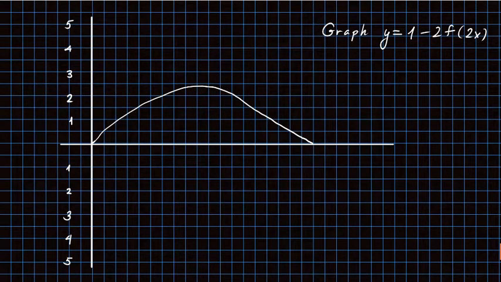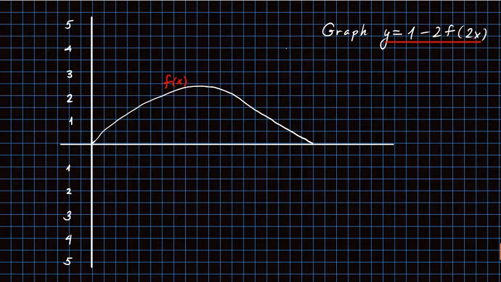Okay, let's move on to a more complicated example, something you might see in your text. Here I have a function which is 1 minus 2 times f of 2x. I'm given that this is the graph of f of x, and I want to find the graph of this new function. Always when working with compositions, you work from the inside out.